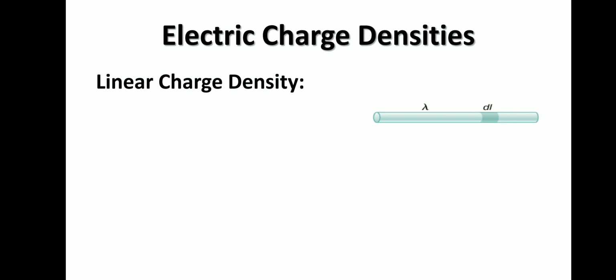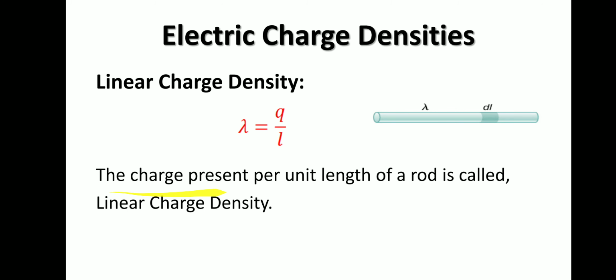Then the linear charge density will be given as lambda is equal to Q upon L. Lambda is the linear charge density, Q is the charge distributed, and L is the length of the rod. So we can say that the charge present per unit length of a rod is called linear charge density.